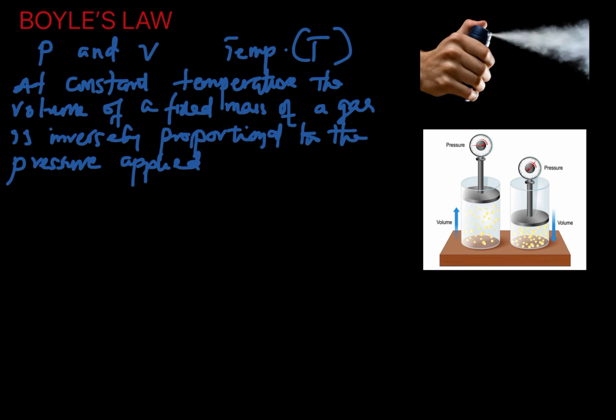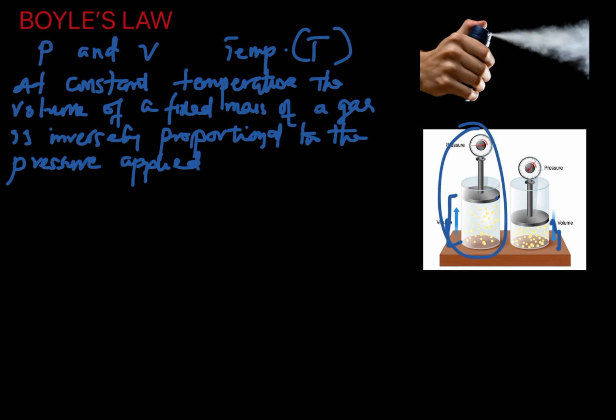And so when volume is increased, pressure decreases. When volume is decreased, pressure increases. So for the setup here, as the volume is decreased from this to that, the pressure of the gas molecules becomes high.